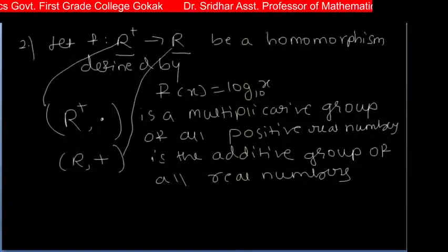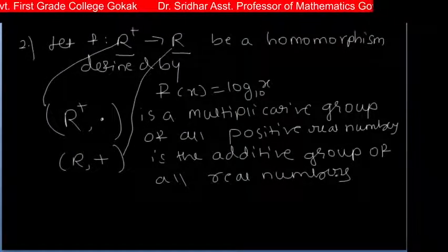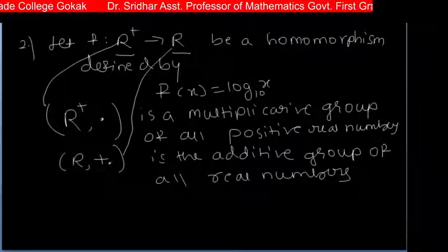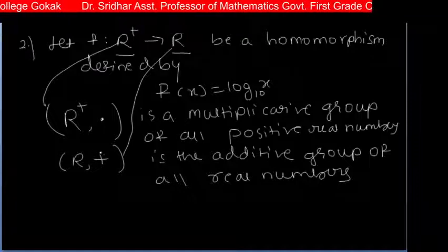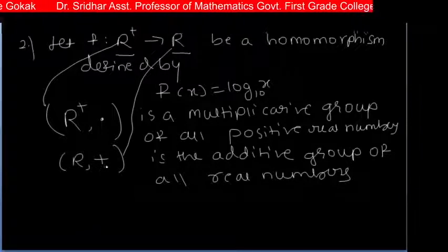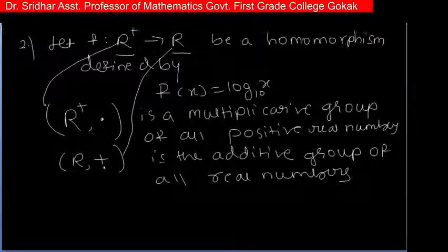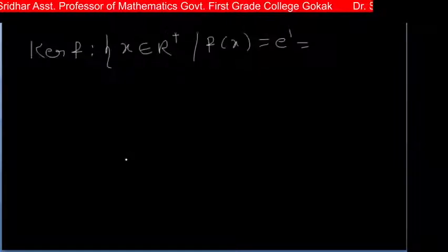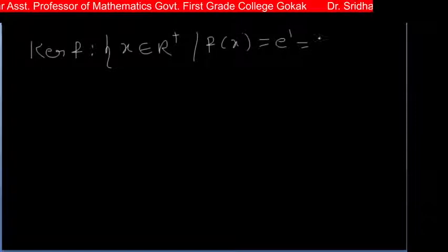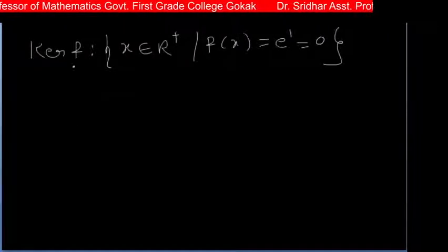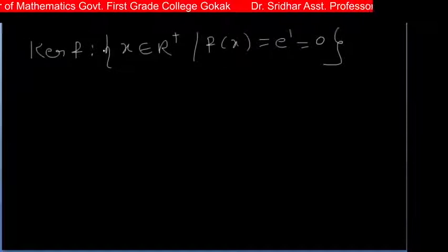R is the additive group of all real numbers, a group of real numbers with binary operation addition. When the binary operation is addition, the identity element is 0.